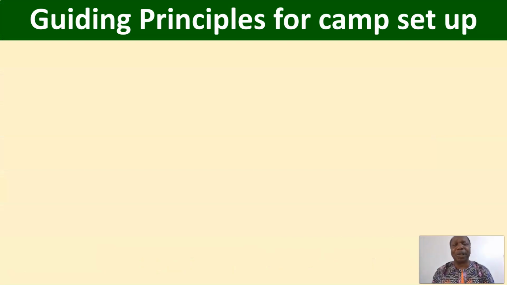So what are the guiding principles for setting up a camp? Here we are talking of a temporary forest camp. That is, in a situation where there is no existing forest camp, you want to set up one temporarily just for your use for the period of your exercise. What are the principles to guide you?